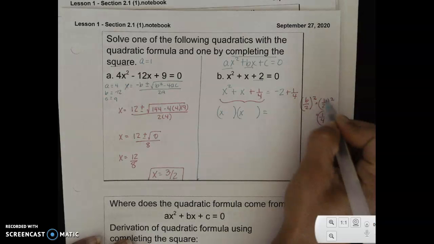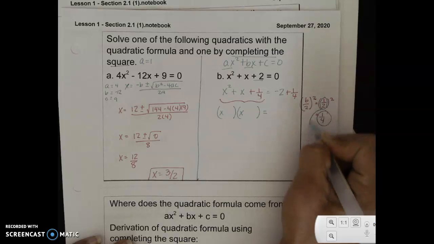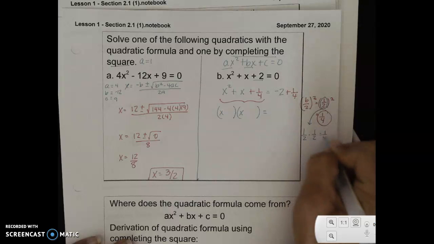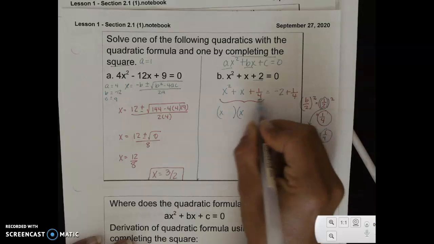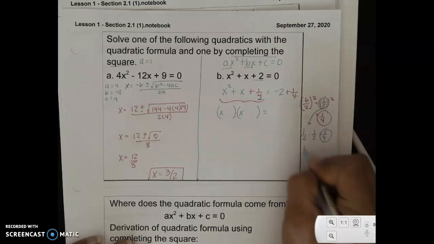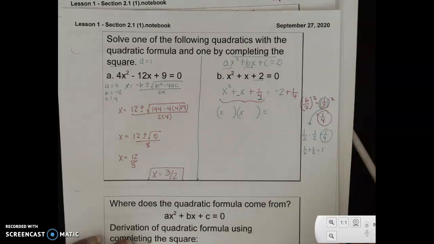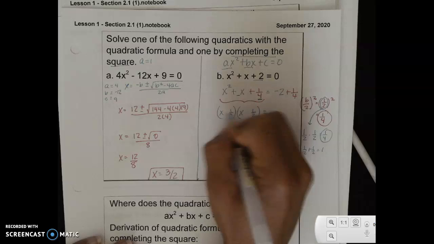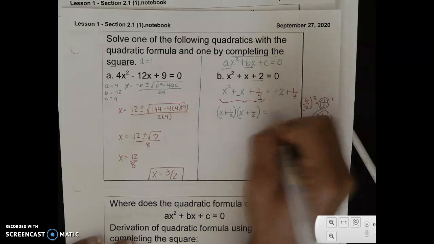That's always going to be the number that you had right before you squared it. So 1/2 times 1/2 does give me 1/4, which is what I want them to multiply to, and 1/2 plus 1/2 gives me 1, which is what I want them to add to. So 1/2 and 1/2 is what I need to use here, and both signs need to be plus.